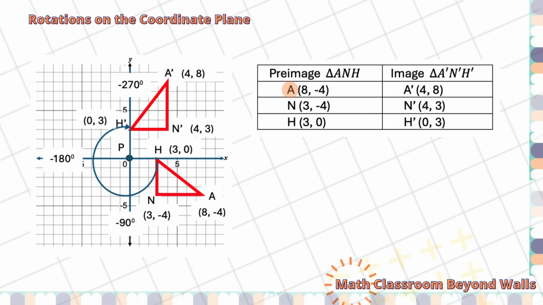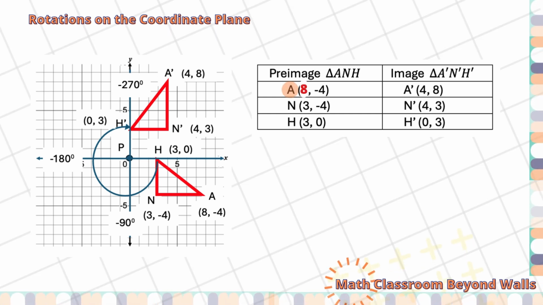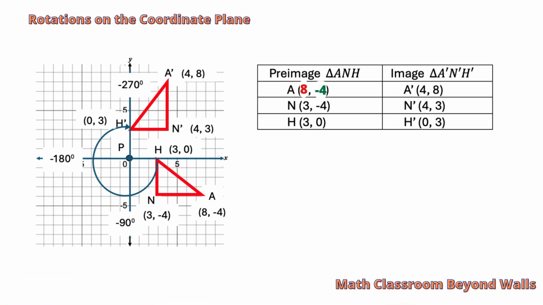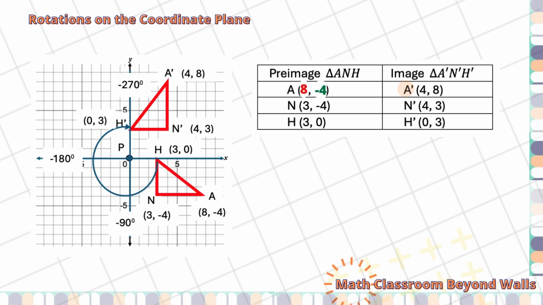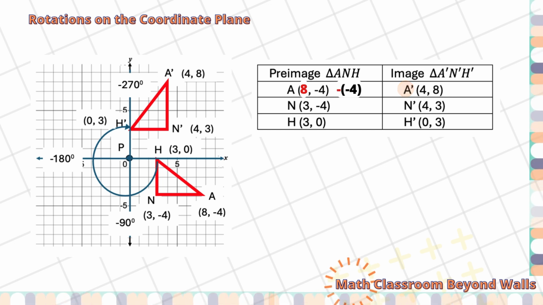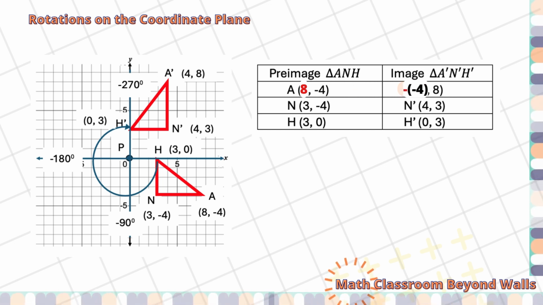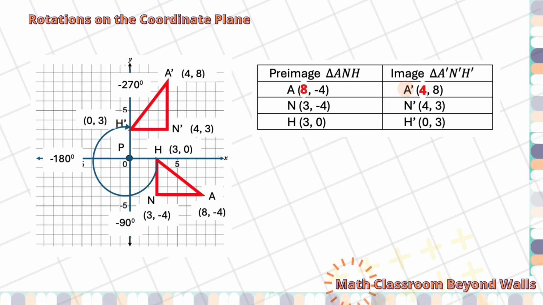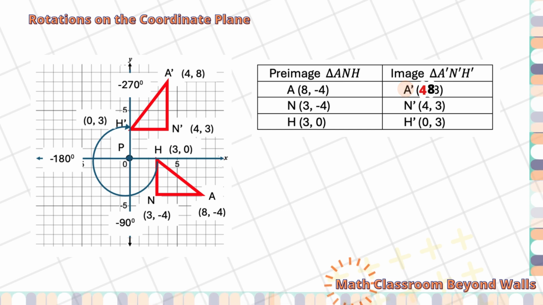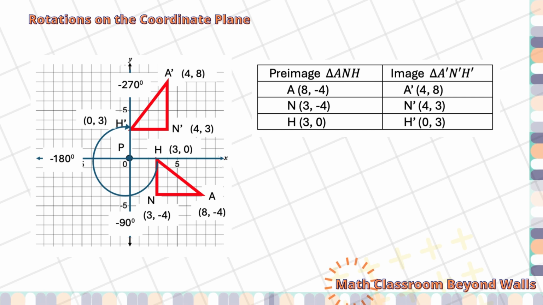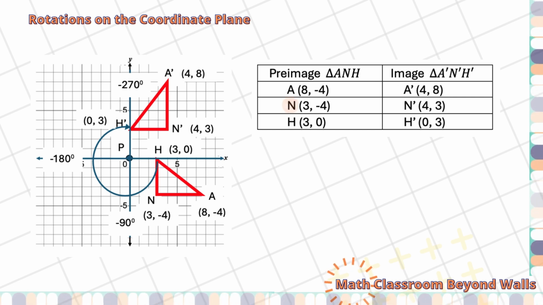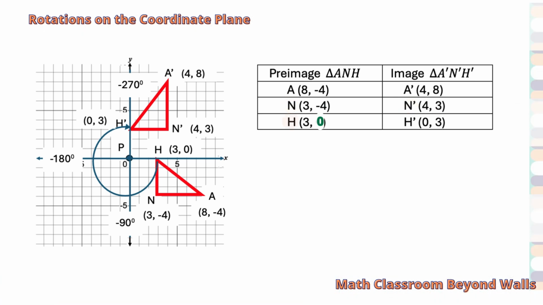On A, the x-coordinate is 8, whereas the y-coordinate is -4. On A prime this time, the coordinate of x is the negative of y on the preimage, whereas the coordinate of y on A prime is the x on the preimage. These changes are true for all the corresponding points like N and N prime and H prime.